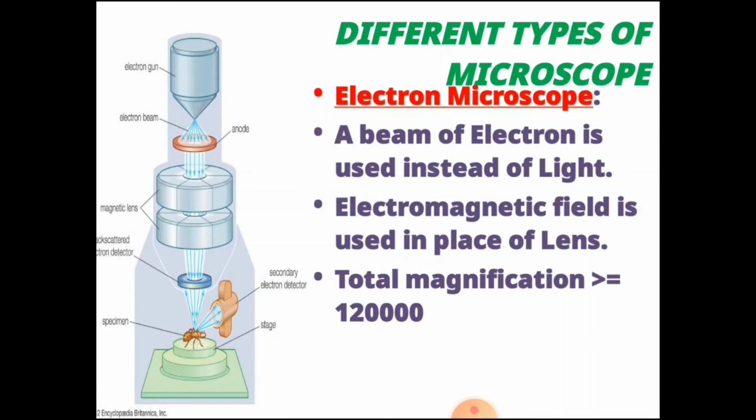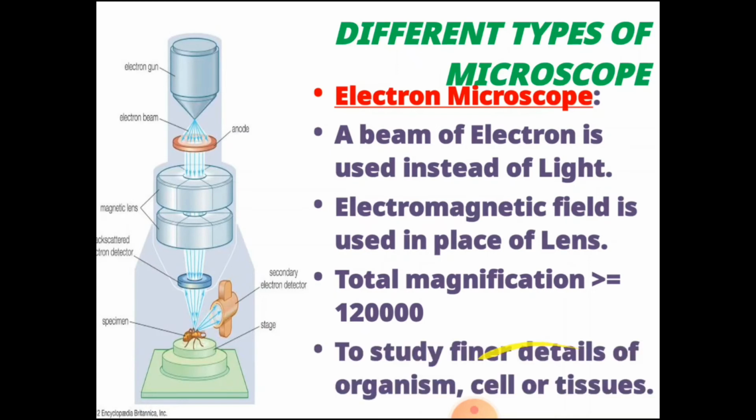Total magnification power is more than or equal to 1,20,000. The electron microscope is used to study the finer details of organisms, cells or tissues.